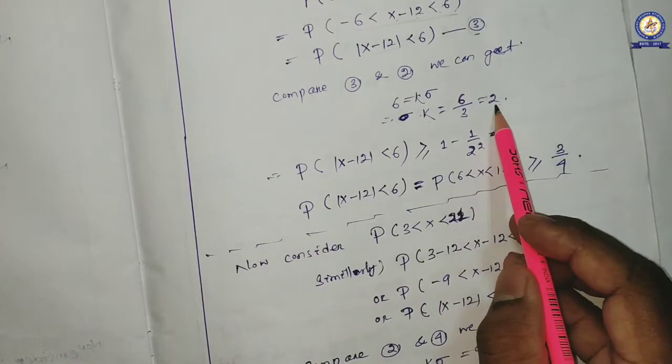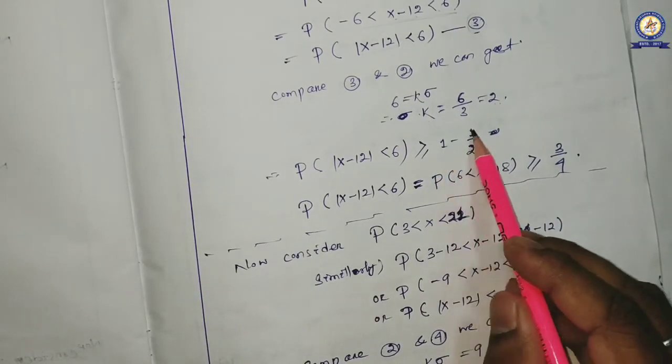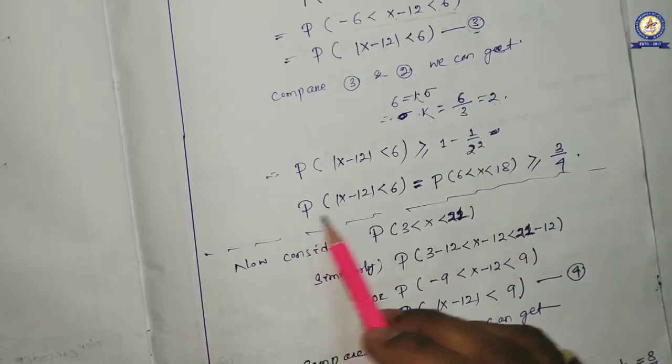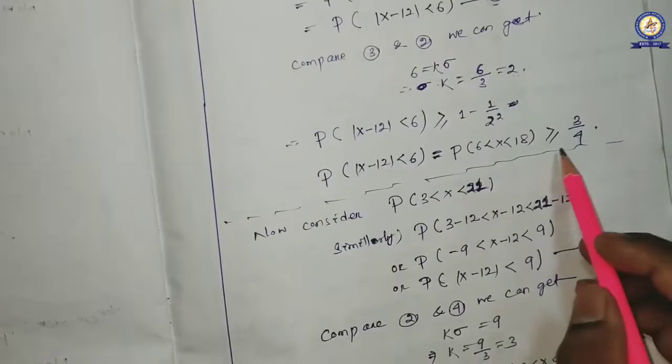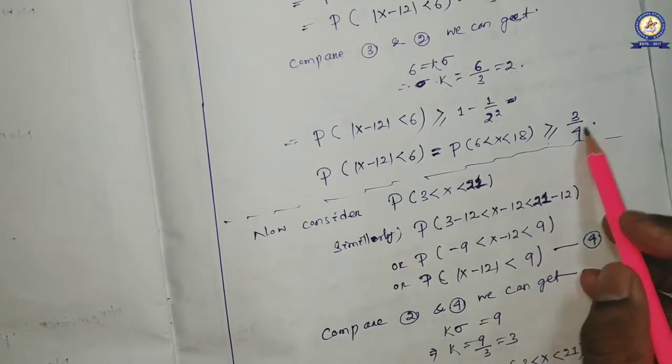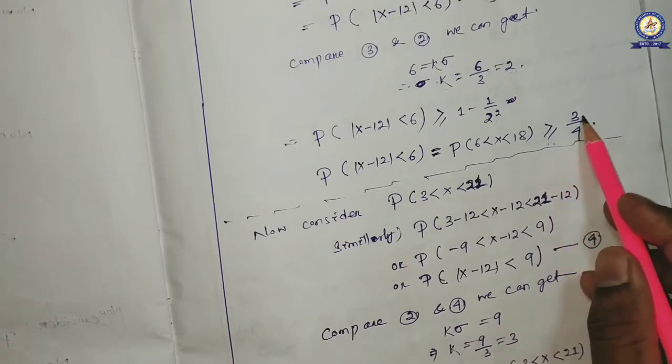K is your 2, so that is 1 by 4. 1 minus 1 by 4 will be 3 by 4. So hence the required probability of this one will be greater than or equal to 3 by 4. It is not exactly given, it gives the approximate value, that is your 3 by 4.